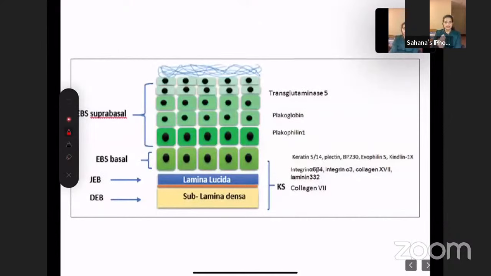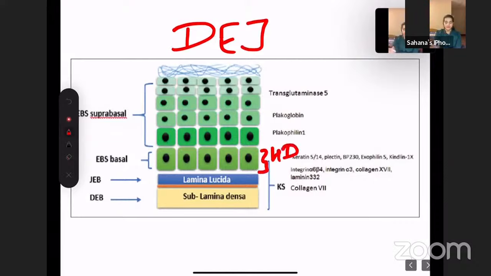Yeah, so this is again just to brush up what we just read and summarize the various types of EB. This is the dermoepidermal junction which we just read. There's the hemidesmosome here, right? This is the Lamina lucida.